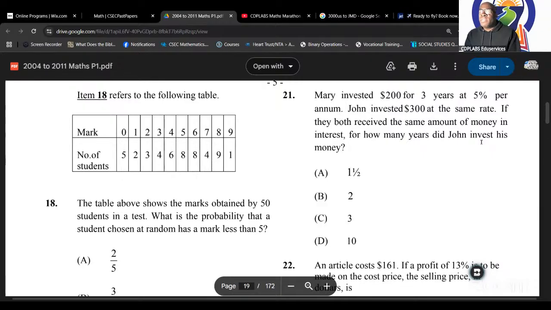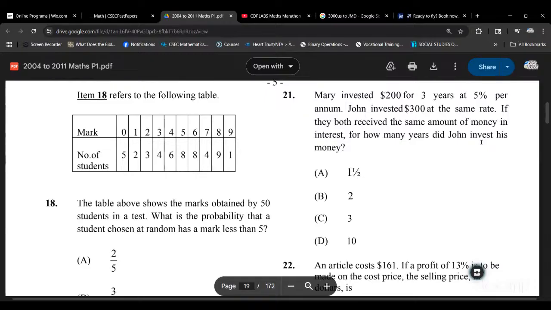If they both receive the same amount of money in interest, for how many years did John invest his money? Two years. Well, you got 2 years. Explain what you did.